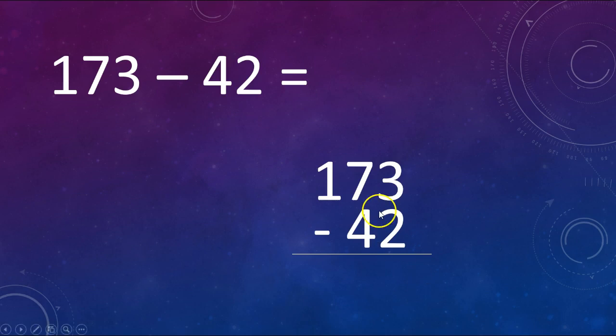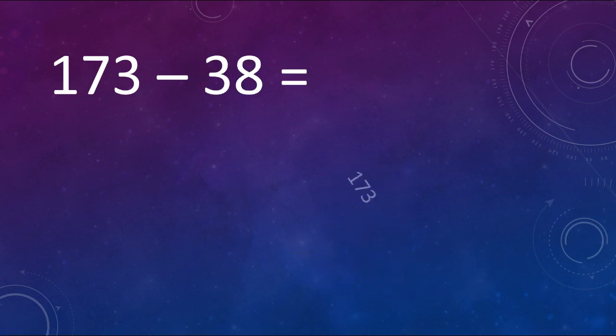So did we have to take anything away from the 7 here? No, because we can take 2 away from 3. So what is 3 minus 2? 1. And what is 7 minus 4? 3. And we bring the 1 down, and our answer is 131.